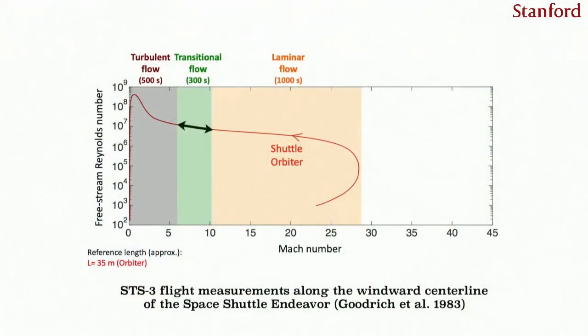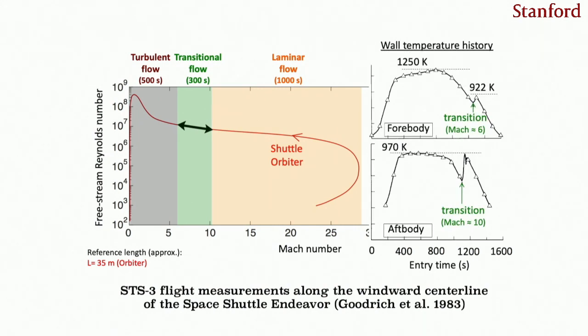So let's see what is the footprint of that process. So here on the right, you have wall temperature time histories measured from the thermocouples that I was mentioning before. The first figure on the right, the upper figure, shows you the temperature trace near the forebody of a spacecraft.